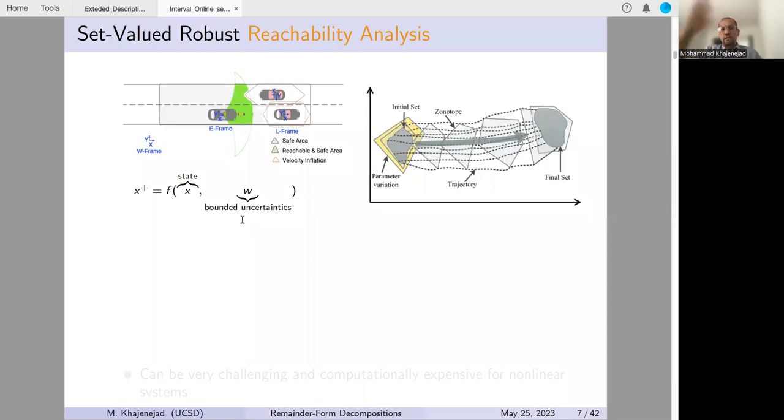Because of all these uncertainties, the initial state of this system is uncertain. We have an initial set as the initial possible positions and velocities of this car.